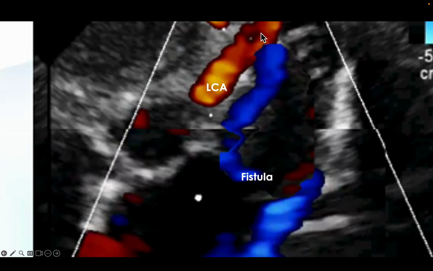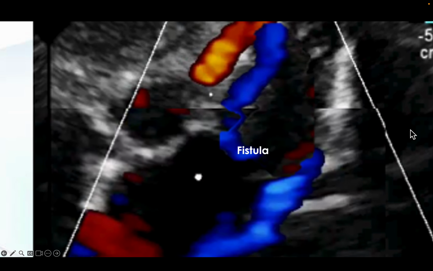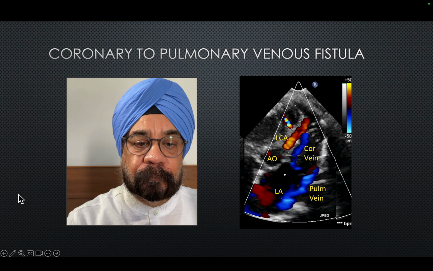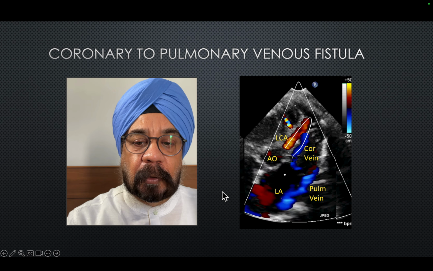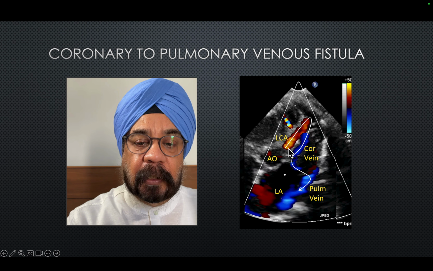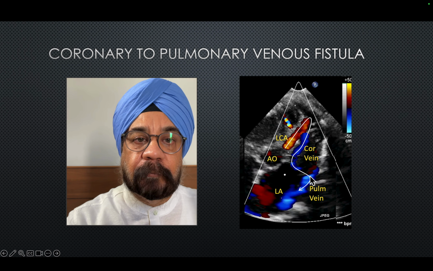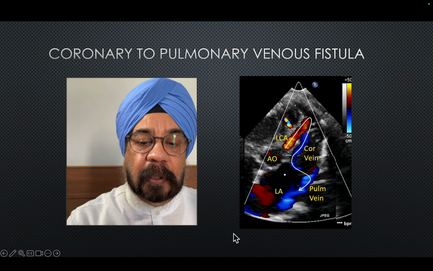The dilated coronary artery actually goes in a kind of a loop, and then enters into this pulmonary vein, and this pulmonary vein eventually enters into the left atrium. So that's how the flow looks like. Aorta to LAD, LAD to this tortuous vein because of the fistula, which enters into the pulmonary vein and the left atrium.